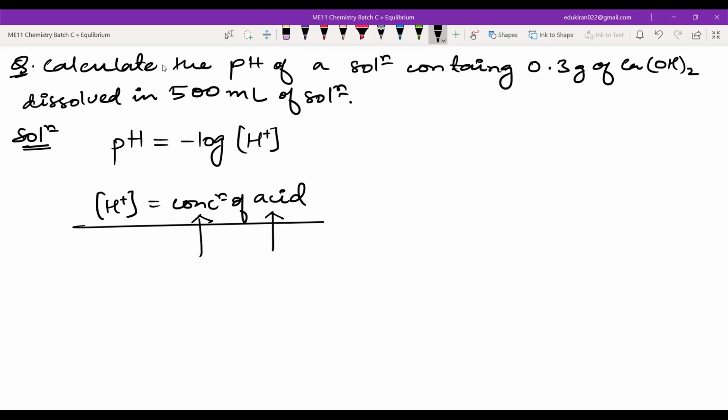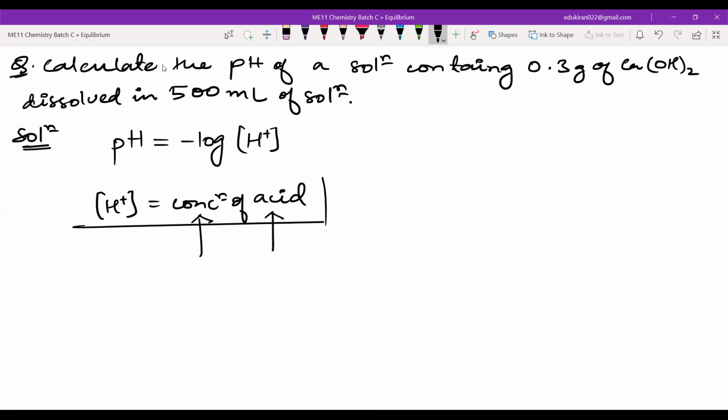Is it given? 0.3 grams is the mass given. And what is this Ca(OH)2? Is it an acid or a base? It is a base.